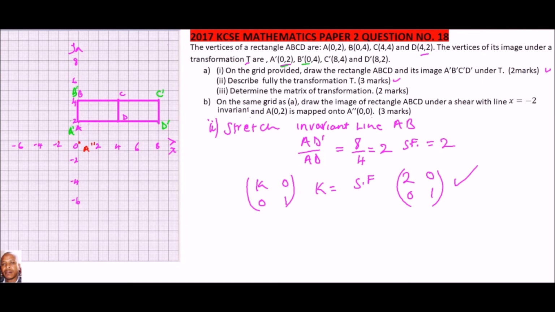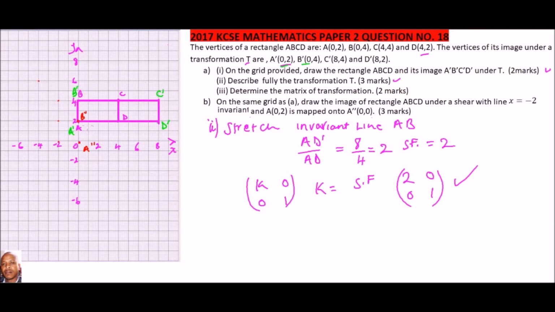So what we do here is that we will extend the line of A here, so that the line we will draw from here and the line from A intersect at the invariant line. For B, we will extend our line from B to our invariant line, and it means the new position of B will be there. Then, since we are told that the area of the object and the area of the image are the same, from here it means our other point will be there.